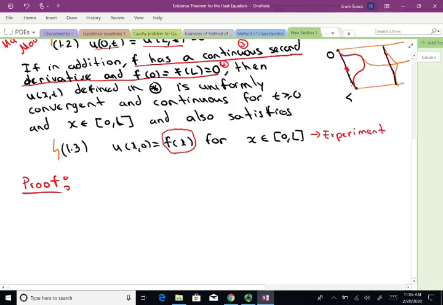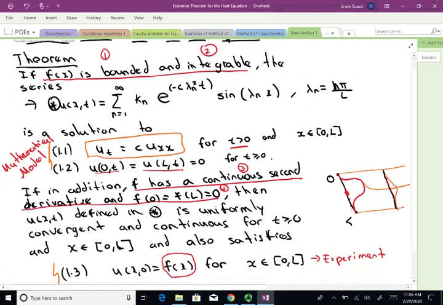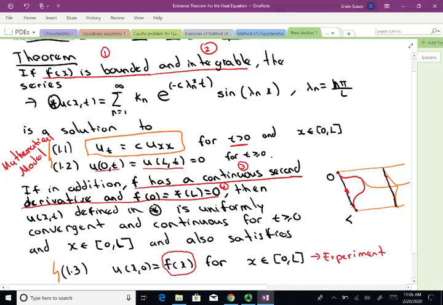What is the statement? What is this saying? The statement starts here. I have all these hypotheses. Then u(x,t) defined is uniformly convergent and continuous for t bigger than 0.